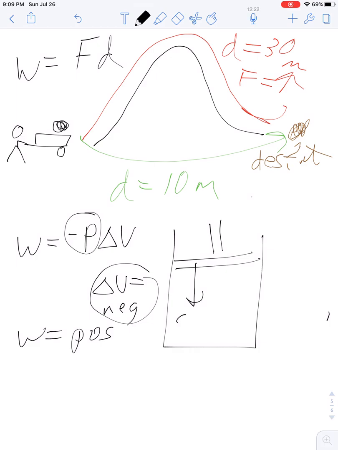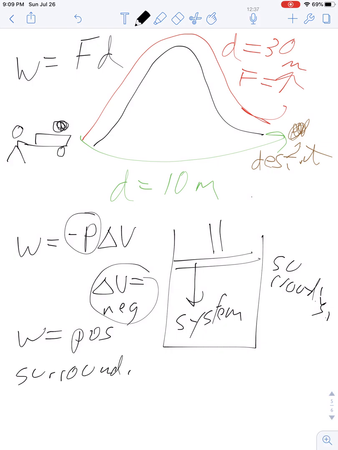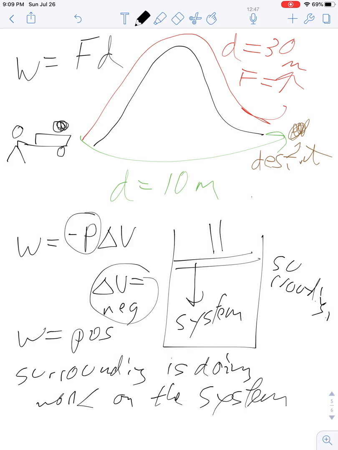P is pressure. The piston is my system, everything else is my surroundings. So when work is positive, we would say the surroundings is doing work on the system, meaning you have to put work in.